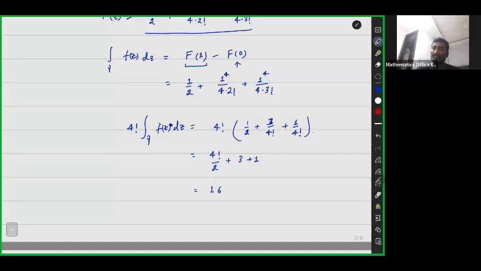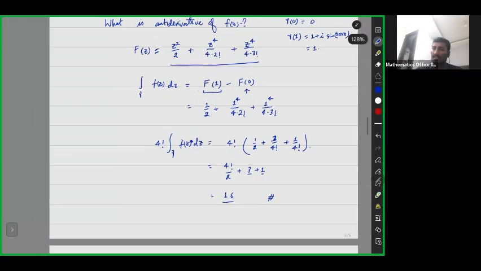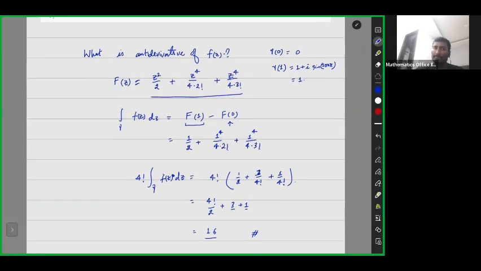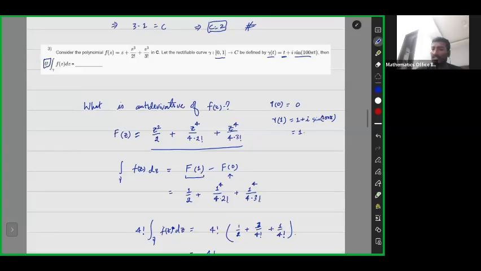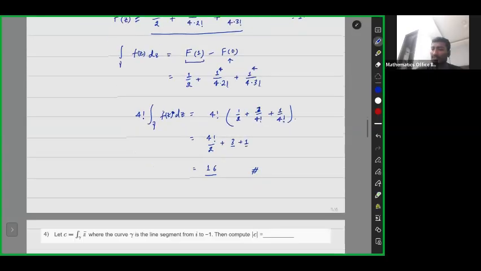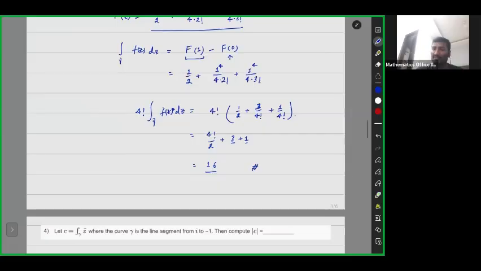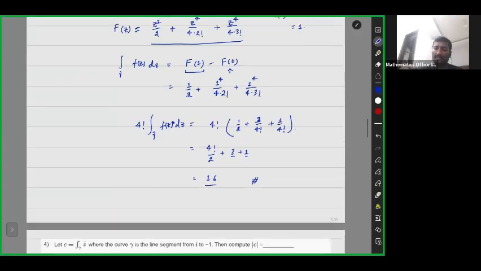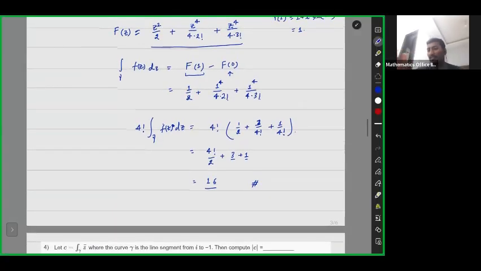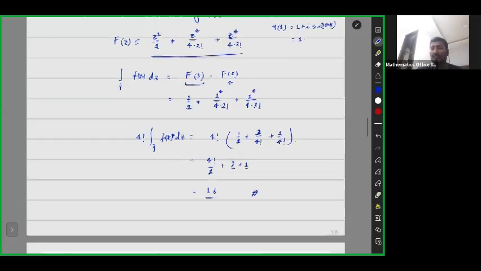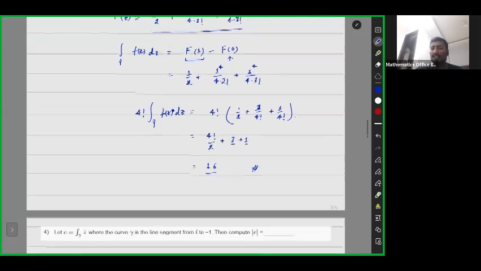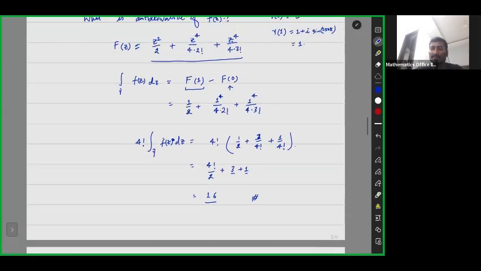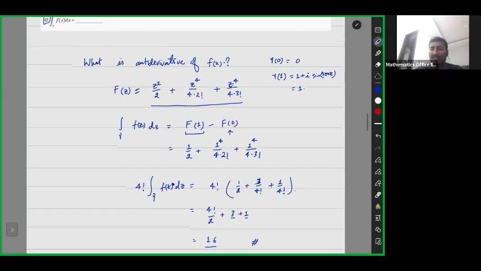You understand the steps? Okay, so now we can solve this kind of problem. All we need is that when f is holomorphic and gamma is a continuous curve, or a rectifiable curve, or a concatenation of rectifiable curves, then we can use these tricks.